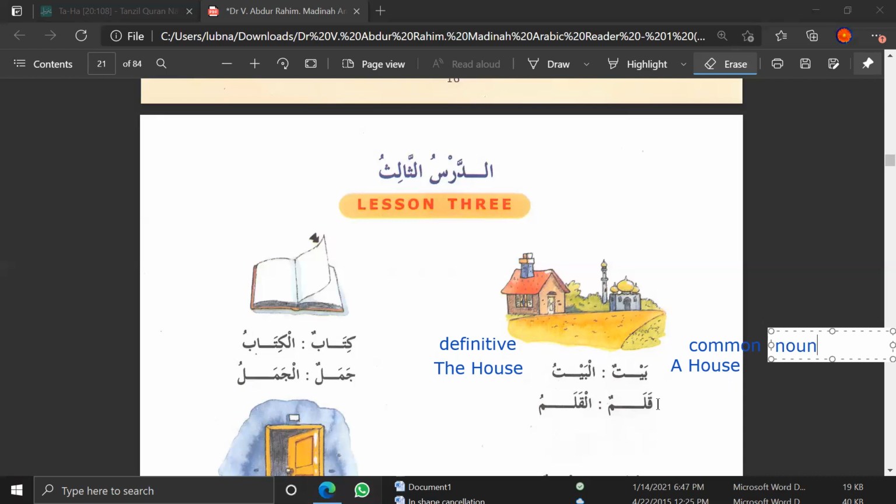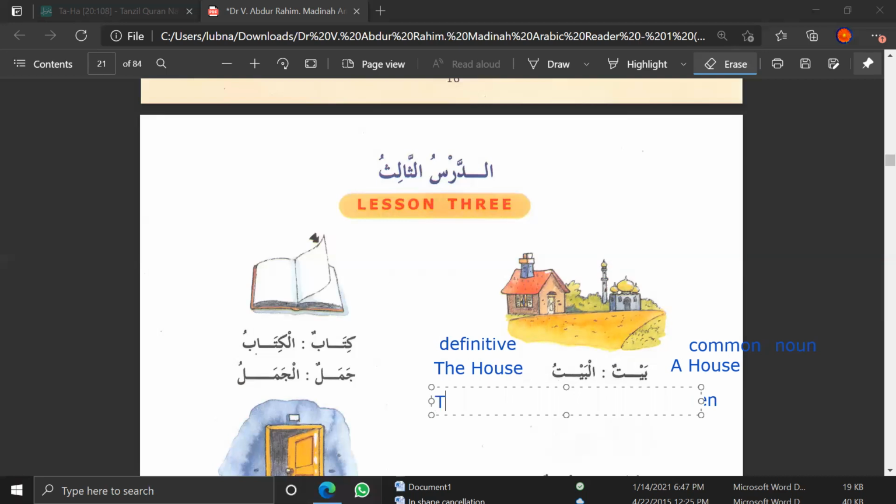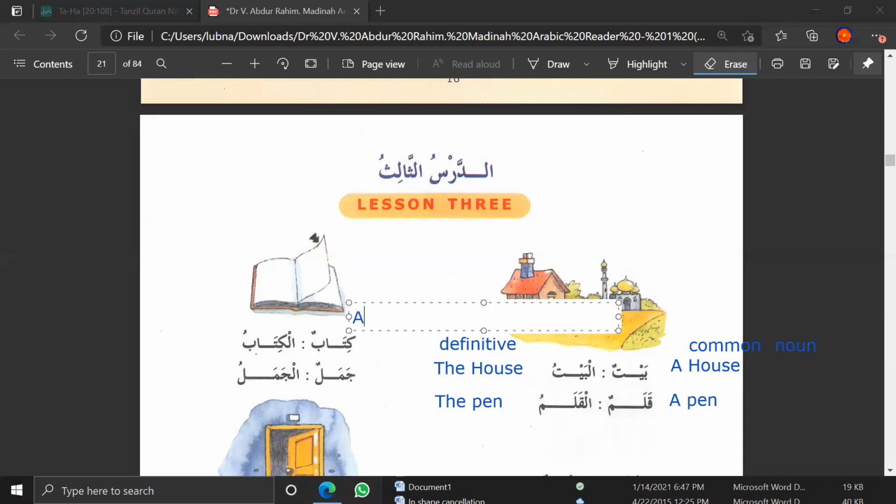Then comes qalamun. What does qalamun mean? A pen. Al-qalamu, the pen. Now kitabun, a book. Is it common or specific?